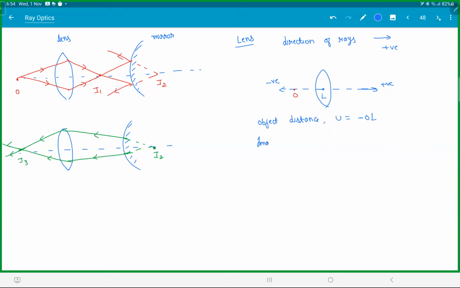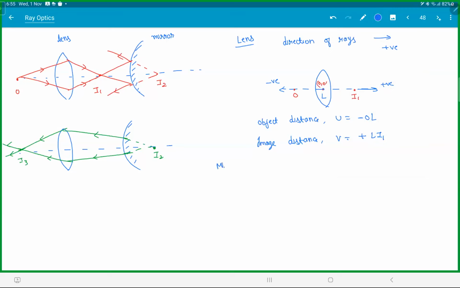Image distance, symbol is V, which is plus LI1 because this thing is on this side. So all distances are measured from the lens. You treat the lens's center as an origin and you start from there. This is treated as origin. So for this lens, right is positive, left is negative.